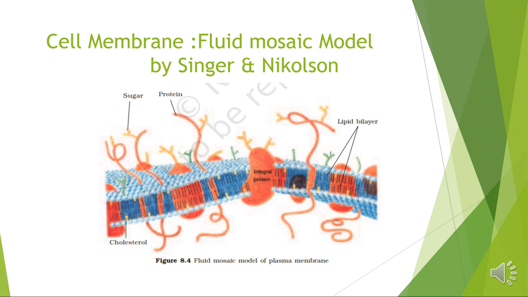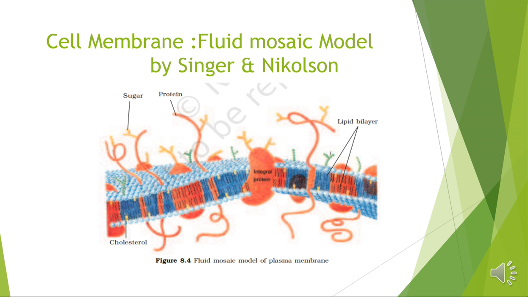The extrinsic proteins are peripheral proteins, and the proteins present inside the bilayer are called integral proteins, or tunnel proteins, and they have oligosaccharides. The oligosaccharide molecules are usually branched and are present on the exposed surface of the cell membrane. They are associated with protein as well as lipid molecules, forming glycoproteins and glycolipids respectively.